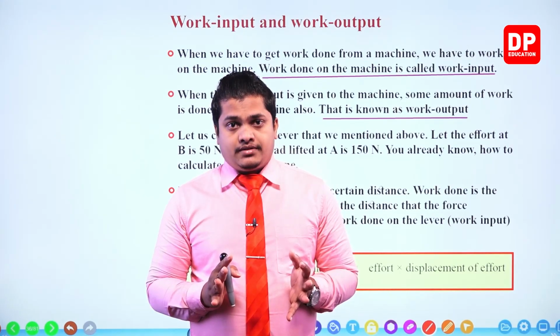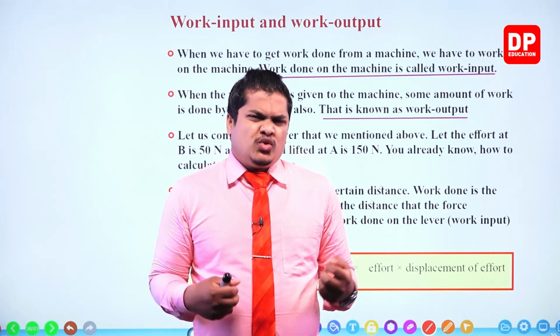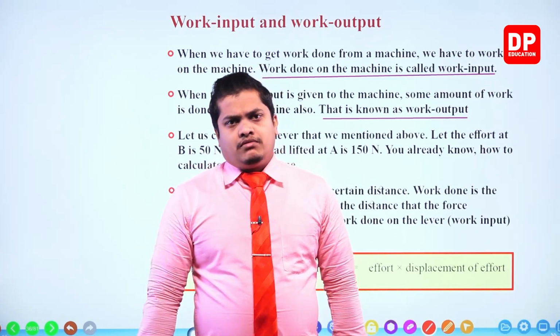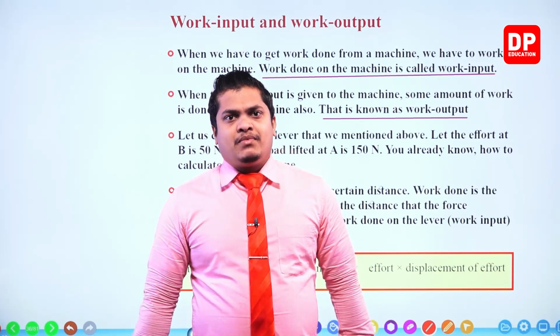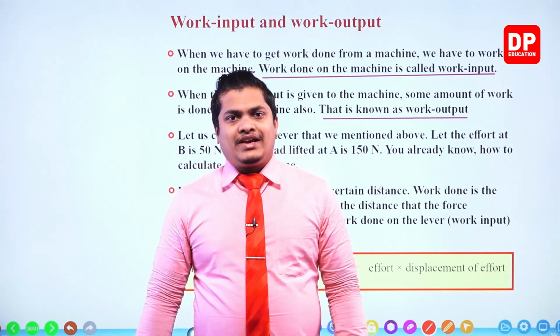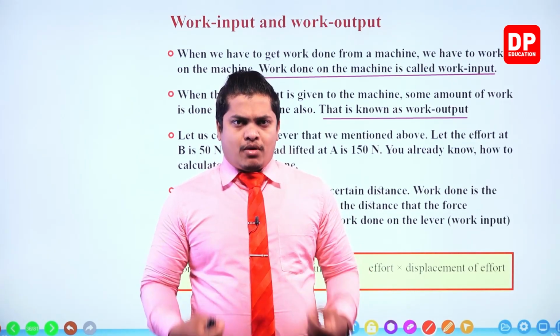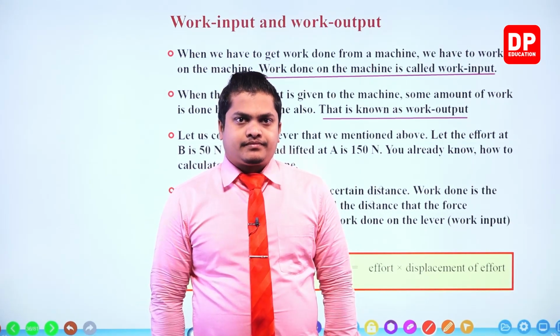My dear children, when you are doing some kind of work, you know that some amount of energy is getting spent. From our body, when we are doing work, we give out a certain amount of energy. Some amount of energy from our body is being utilized to do that work.